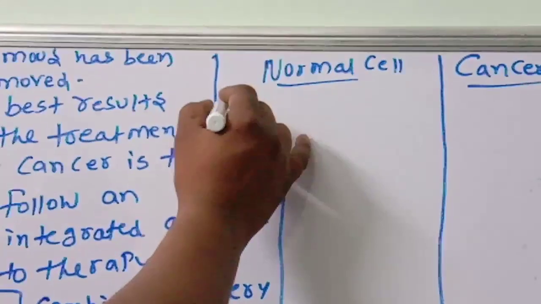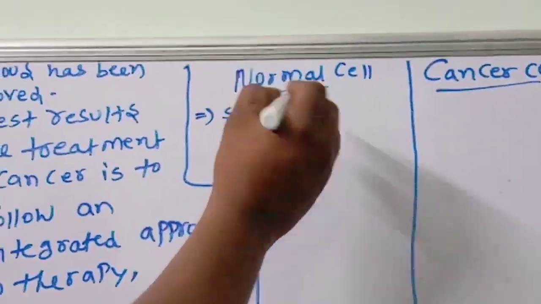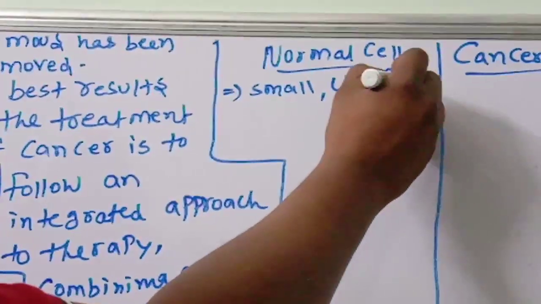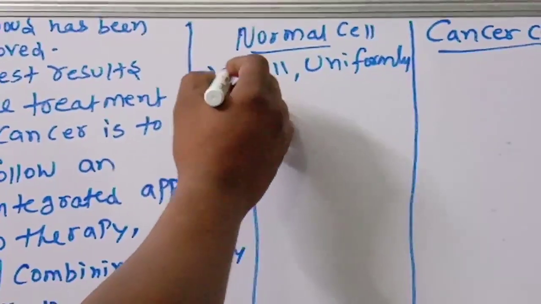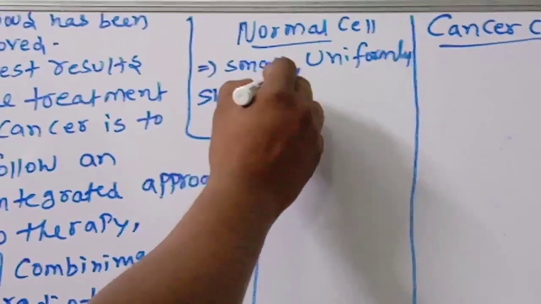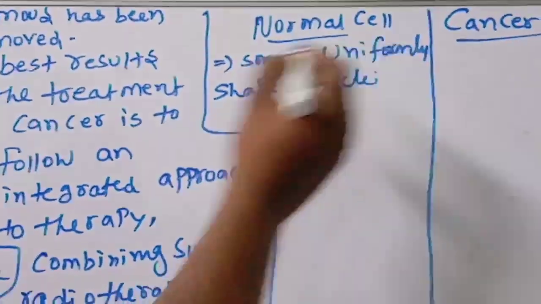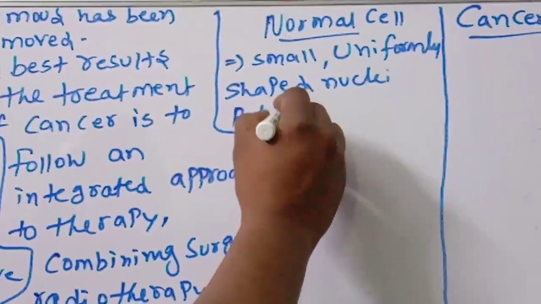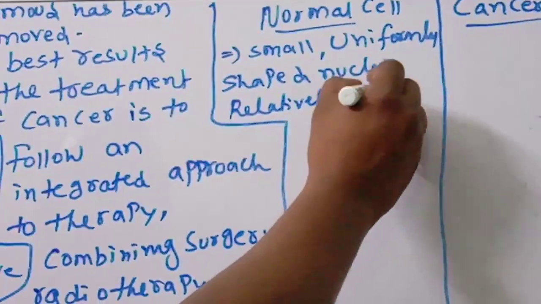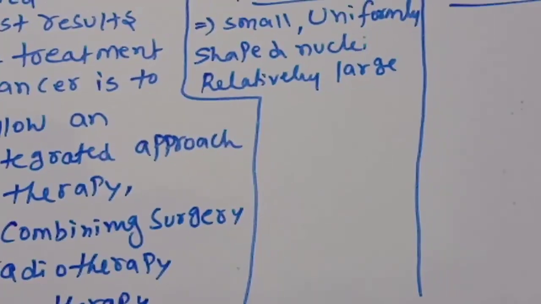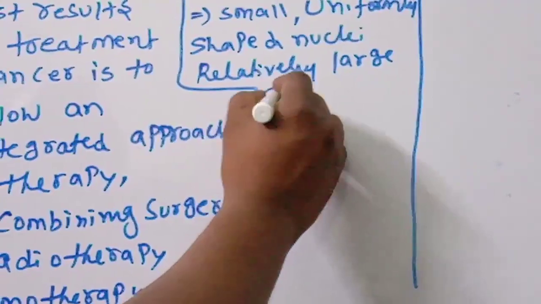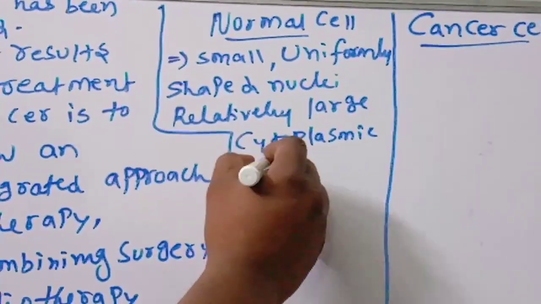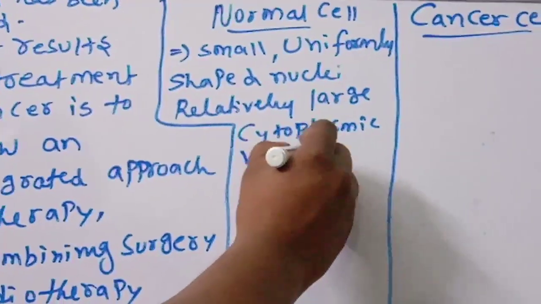The normal cell has small, uniformly shaped nuclei, relatively large cytoplasmic volume.